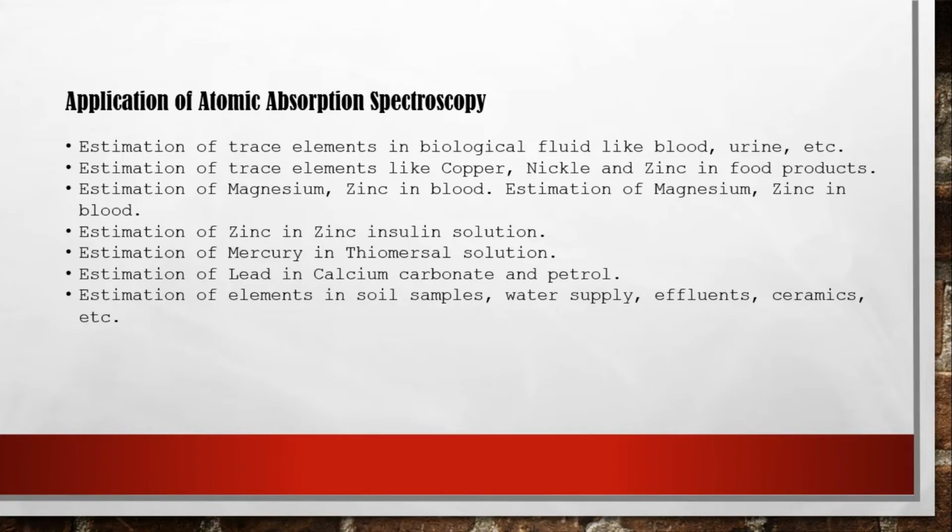The fourth one is estimation of zinc in insulin solution. The fifth one is estimation of mercury in thiomersal solution. The sixth one is estimation of lead in calcium carbonate and petrol. The seventh, or the last one, is the estimation of elements in soil samples, water supply, effluents, ceramics, etc.